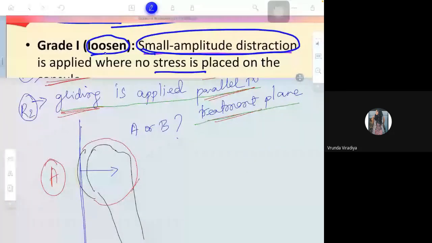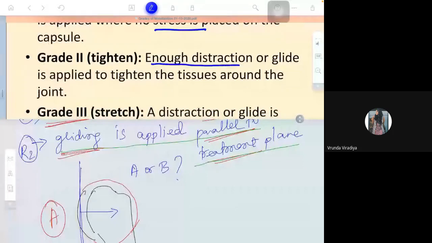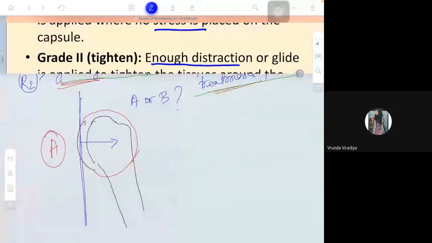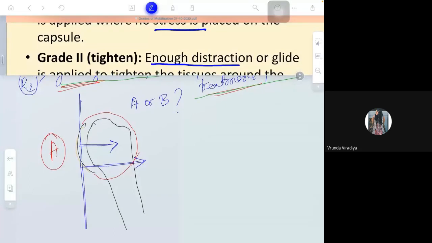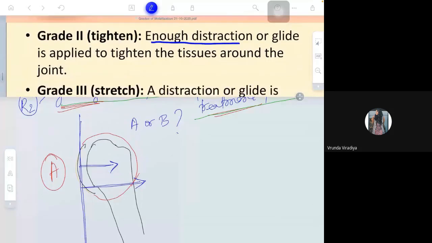Enough distraction or glide applied to tighten the tissue around the joint. That is, you will pull a little more, or separate a little more. This is called grade 2 distraction, where you can feel the stretch.